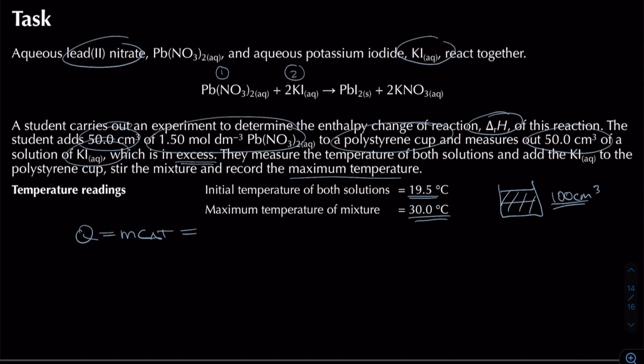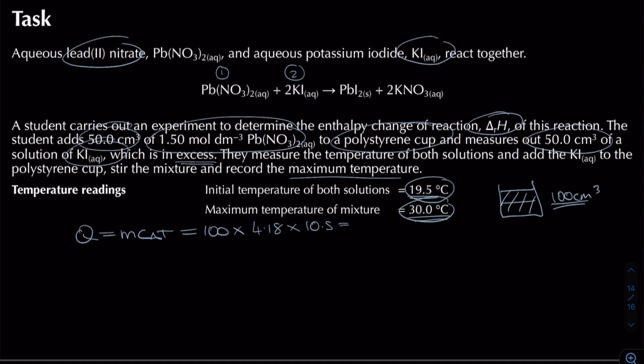We're not dealing with water over here, but we can make the same assumption that we've got 100 grams for every 100 centimeters cubed. Then we're going to times by the specific heat capacity of the solution, which is 4.18, and then we're going to times that by the change in temperature, which in this case is going to be 30 degrees Celsius subtracting 19.5 degrees Celsius, and that's going to give us a value of 10.5 degrees Celsius for the temperature change itself.